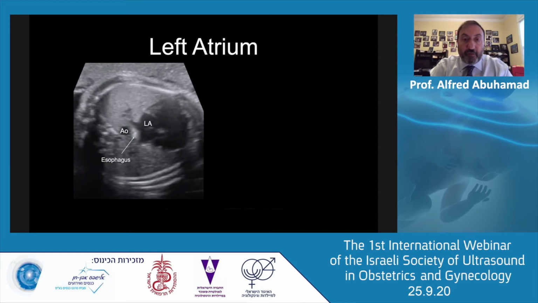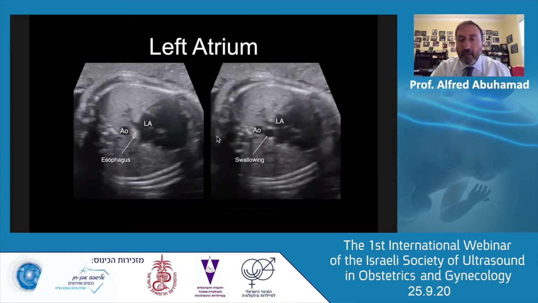Now, you have to be careful not to mistake that confluent vein with a dilated esophagus. The esophagus, when it's closed, appears like an echogenic dot between the aorta and the left atrium. But when the baby swallows, it appears like an extra vessel here. But typically, this opens for 2 or 3 seconds.